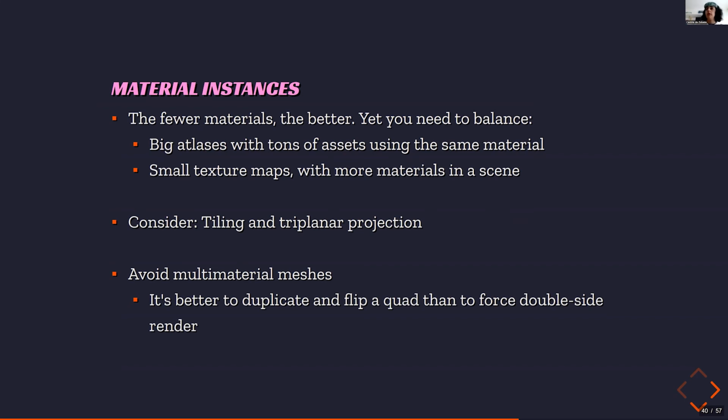Because usually, for example, if you have a tree, it's better to duplicate them. Otherwise you will also have the object rendering like it's inside the trunk.